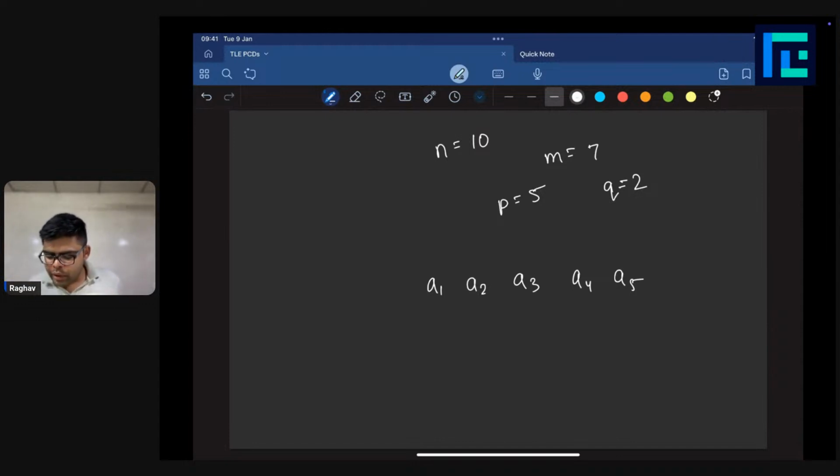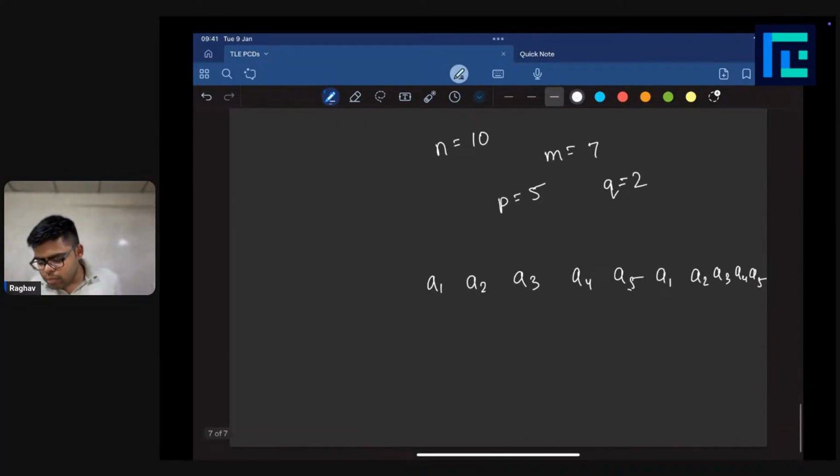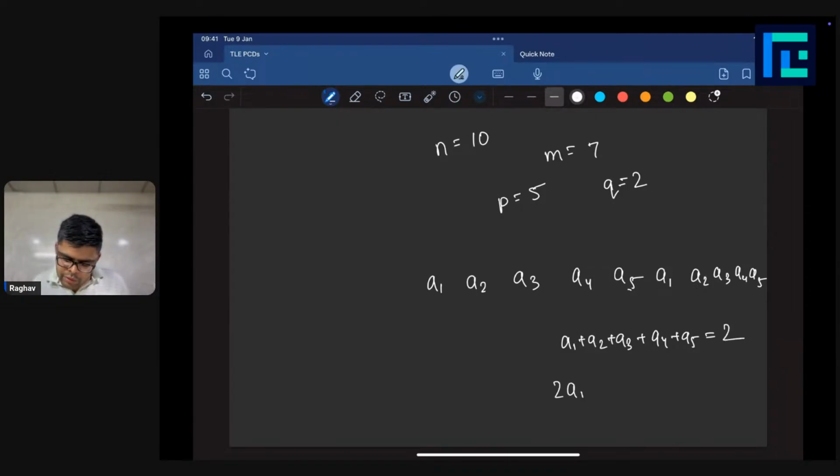A6 would be equal to A1, so let's call it A1, A2, A3, A4, A5, right? The two conditions you will form here are A1 plus A2 plus A3 plus A4 plus A5 should be equal to Q, that is equal to 2, and 2A1 plus 2A2 plus 2A3 plus 2A4 plus 2A5 should be equal to M, that is 7, right?